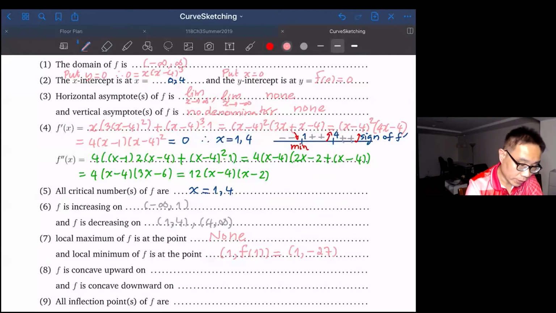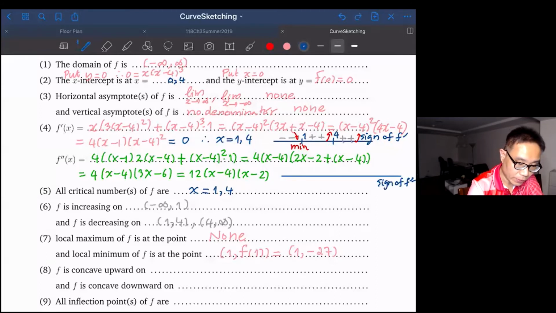So in this one, you're going to draw another sign test for f double prime. You're going to check the sign of the second derivative.